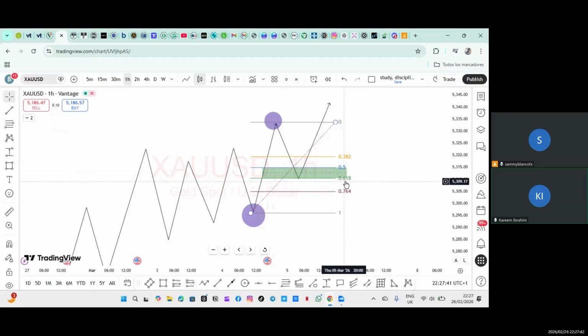If it doesn't make a retracement from the 0.6, we can wait for it from 0.5. Exactly. It is either between 0.5 or 0.6.